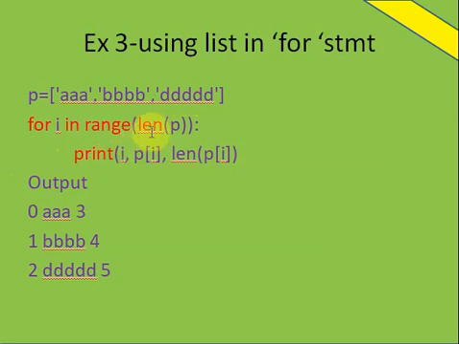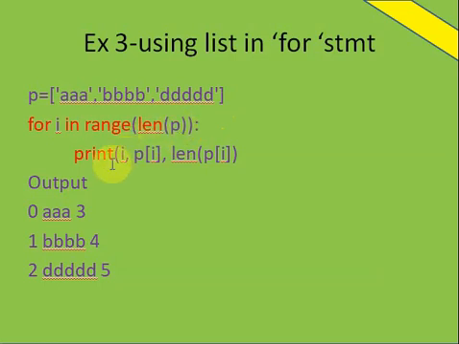When we use len with P, it will give the length of the list. len returns the total number of items in the list. There are 3 data items, so the length is 3. So the range of the total list is assumed here.